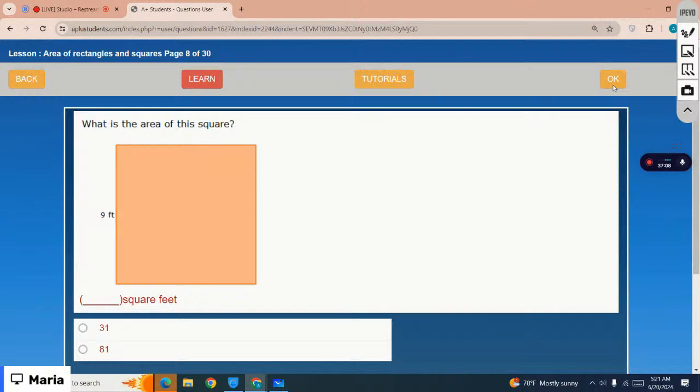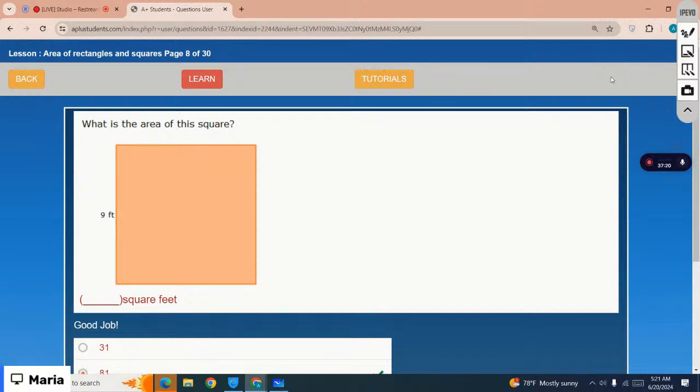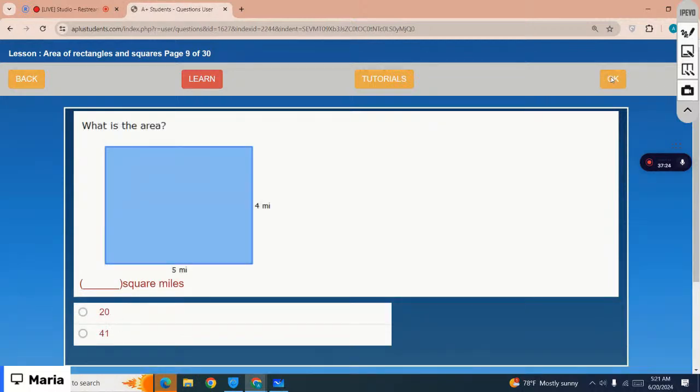And yes, the correct option is 81 square feet. What is the area? Which is the correct option?